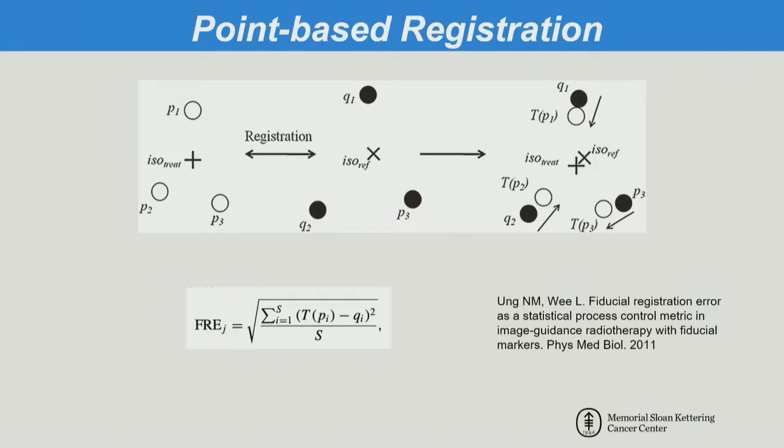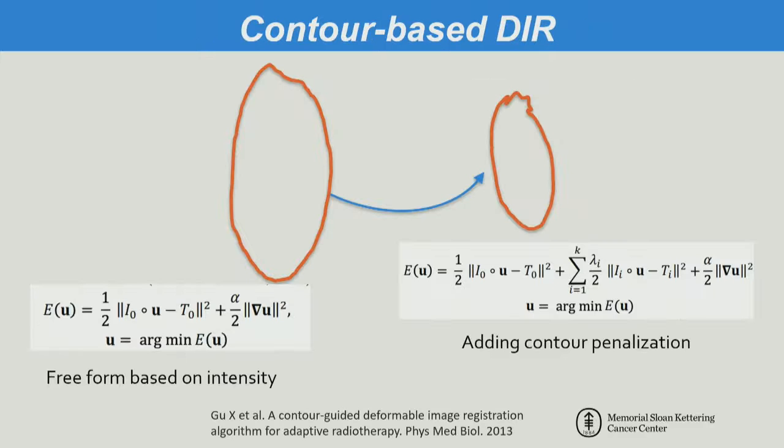You can have point-based registration, so that means you have fiducials or markers or landmarks in both images, and then you really drive your registration to make the position of these markers match. But you can also do contour-based deformable image registration, which really assumes that this contour in this image perfectly corresponds to this contour in this other image.